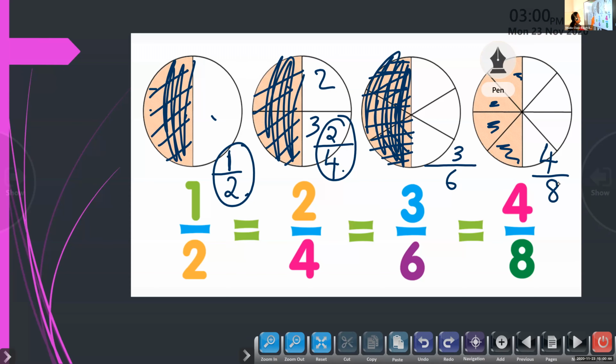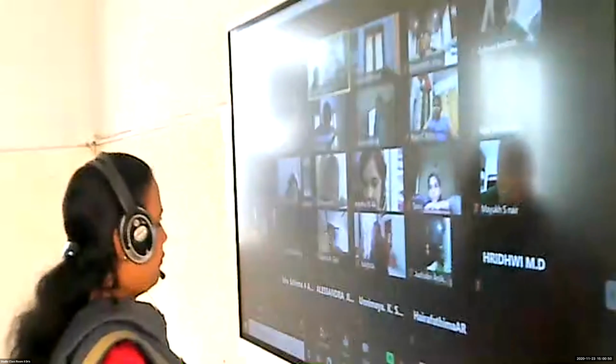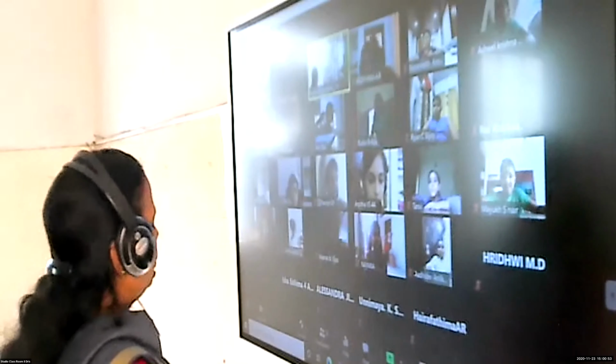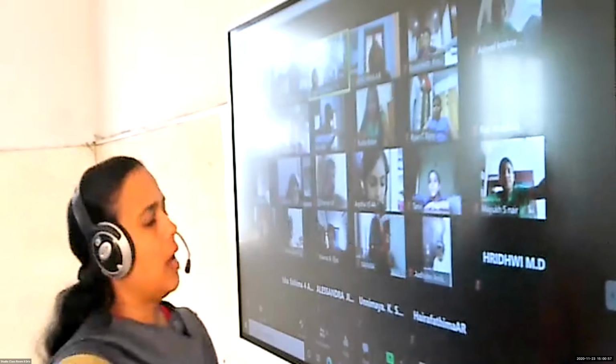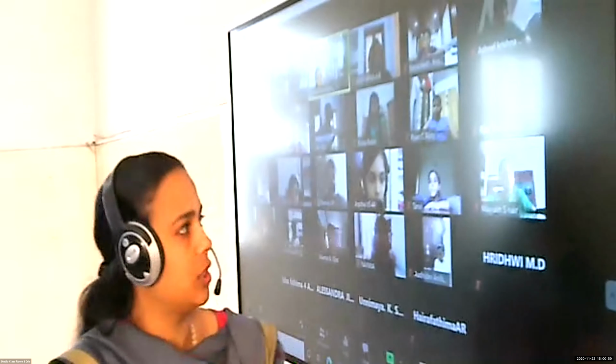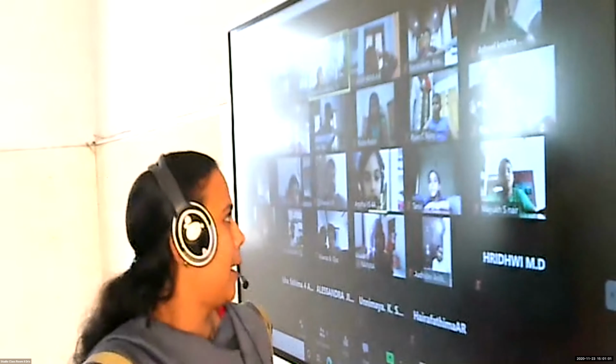When you look at the picture, that also is the same amount. Okay, children, so you can see from this picture 1 by 2, 2 by 4, 3 by 6, 4 by 8, all are equivalent fractions and they represent the same amount.